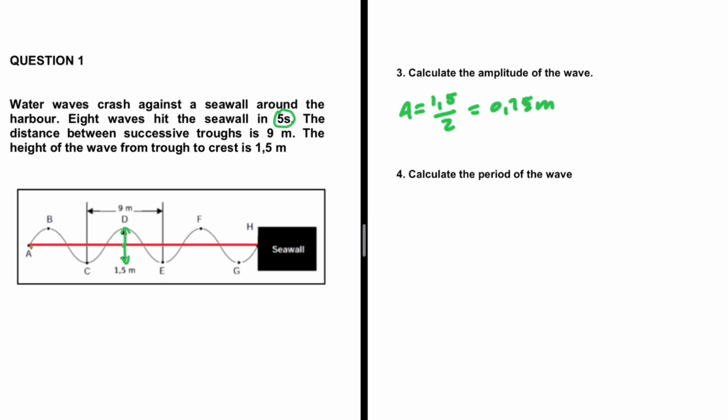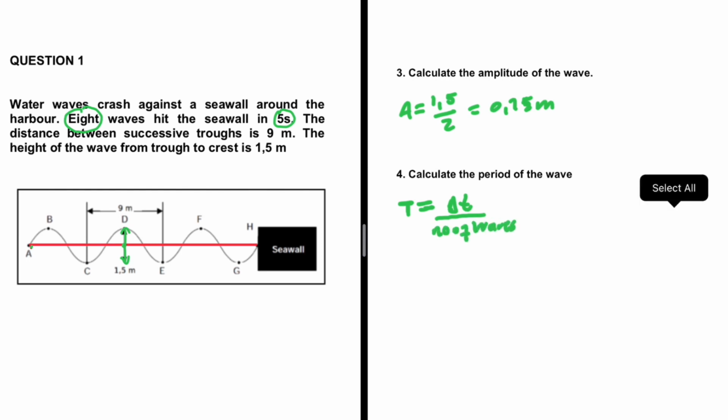So we have 8 waves hitting the seawall in 5 seconds. That is actually all the information we need to calculate the period, because we don't have the frequency in this situation. So we cannot use frequency to calculate the period. But we can say that the period T is equal to the change in time divided by the number of waves.